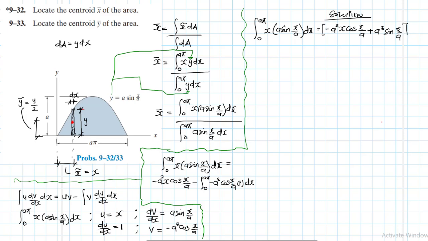Then we need to feed in the integration limits, right? Great. So our integration from 0 to a pi of x a sine x over a dx is going to be equal to, let's start plugging in. If we plug in a pi in here, what do we have?